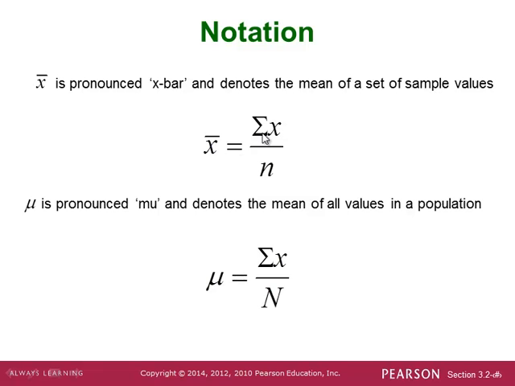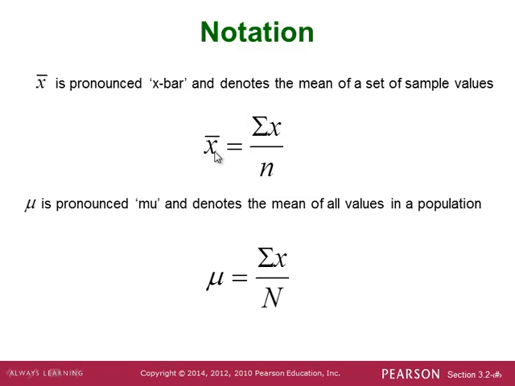What we really mean is the sum of all the data values over the sample size. Sigma x over n. That means you're going to add up all the numbers in your data set and divide by the number of numbers. This is going to be your sample mean. It's the average, the arithmetic average of all the numbers in your data set, x bar.